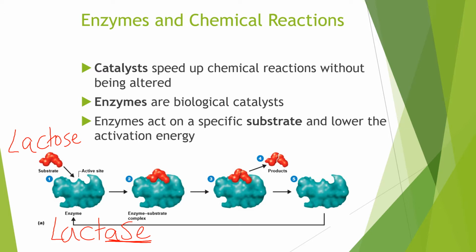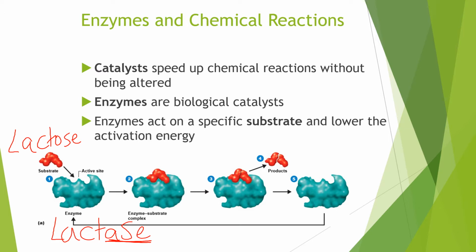Once lactose binds to the proper enzyme, which is lactase, lactase is going to go ahead and start speeding up the reaction of breaking down lactose. Once it breaks down lactose, you get the enzyme, and if there's still more lactose, then the enzymes are going to be reused one more time until all the lactose within the body is broken down.